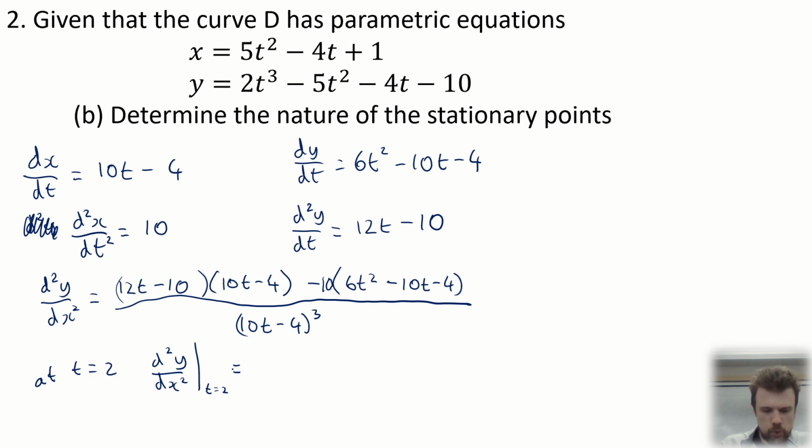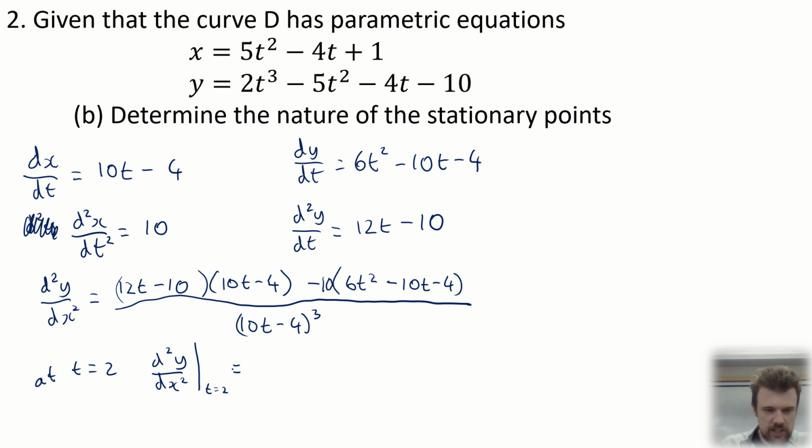So that's going to be 12, take away 10, which is 2, times 6, minus 10 lots of 6, take away 10, take away 4, all over plugging in t. Oh no, wait a minute. I've just completely mucked that up. I wasn't plugging in t equals 2. That's completely wrong. Let's go back.